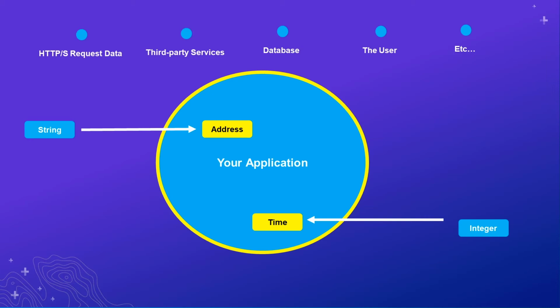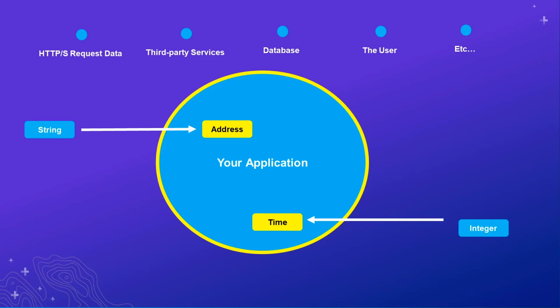And when you validate, you want to make sure that you're not just continually using an integer or a string if they have some domain context. So if you see those yellow rectangles, that's essentially the context of what those values are inside of your application. That string is an address and that integer is a time.